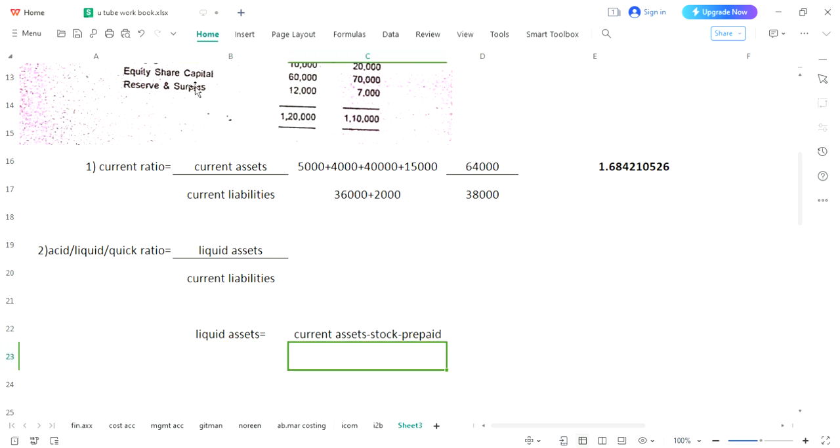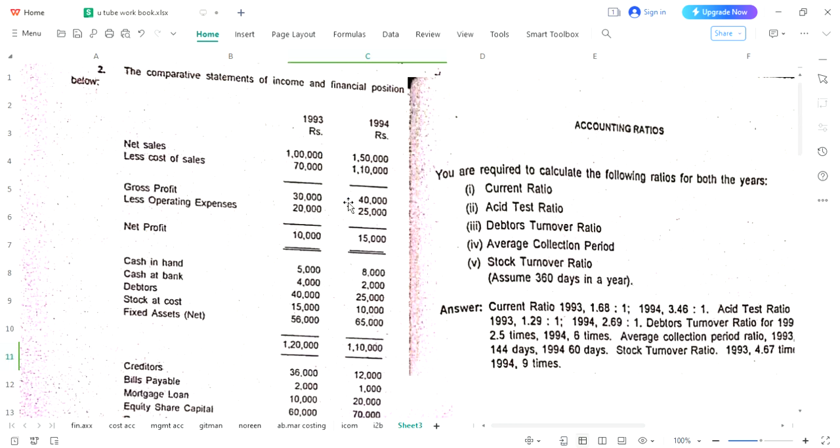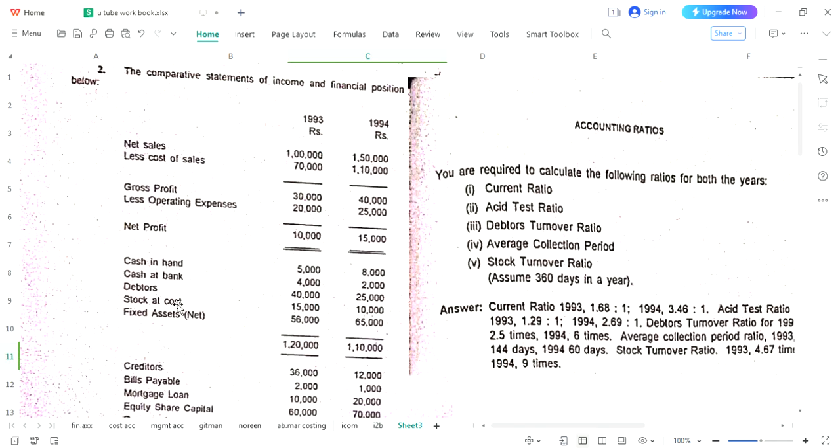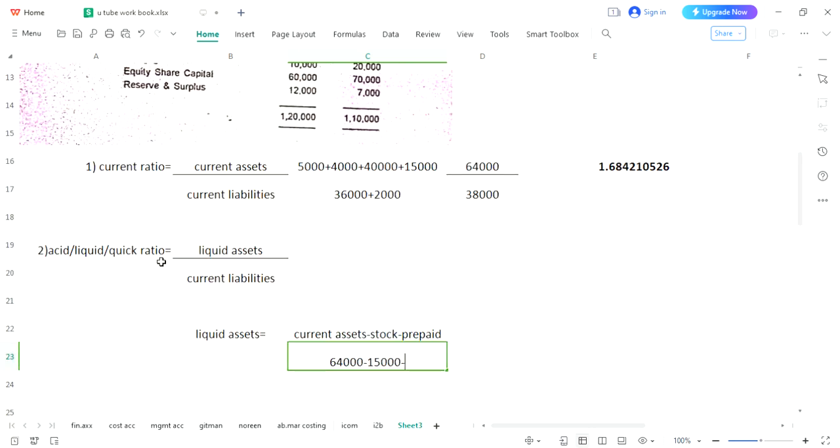Current assets are already calculated in first part where your current assets are 64,000 and you are required to subtract your stock, and let's see how much stock we have. Over here stock is 15,000 for first year. Just put 15,000, and we need to put prepaid, but in this question prepaid is not mentioned. So you may skip or you may write 0 as prepaid is not present.